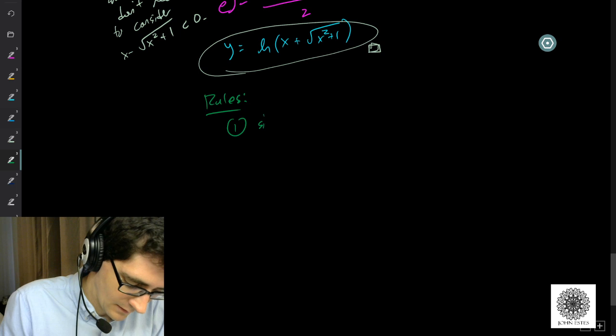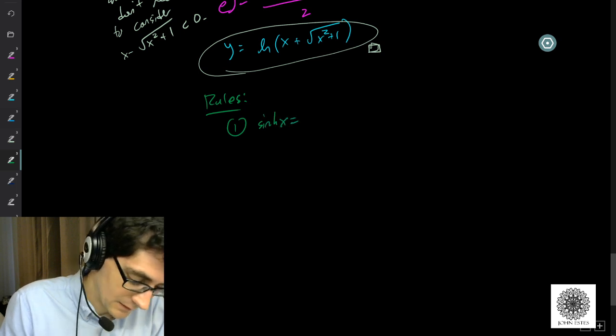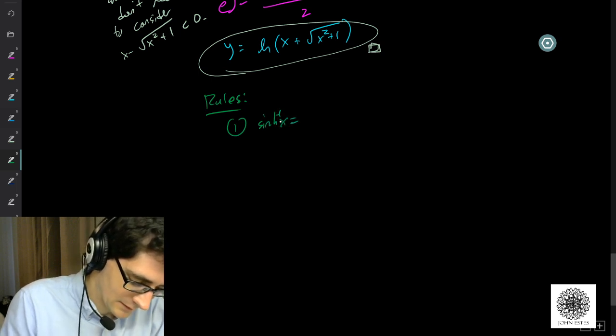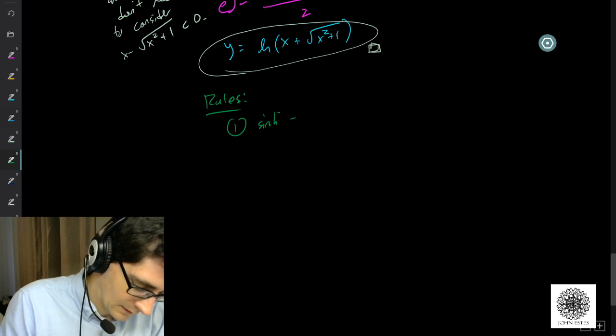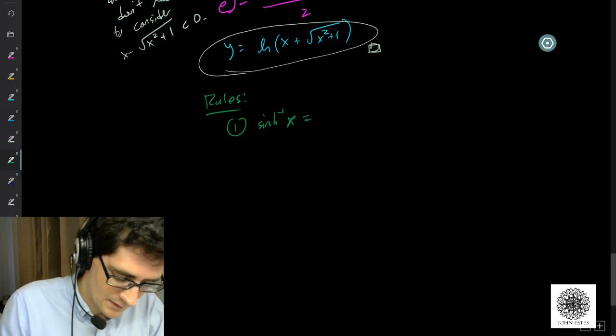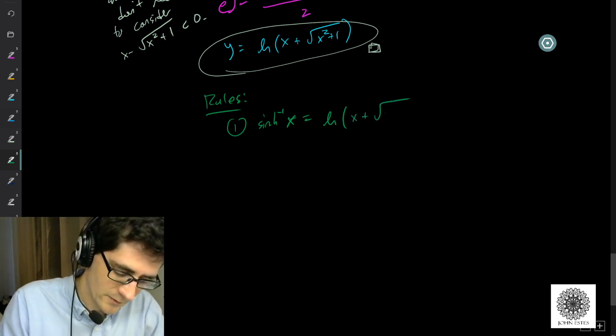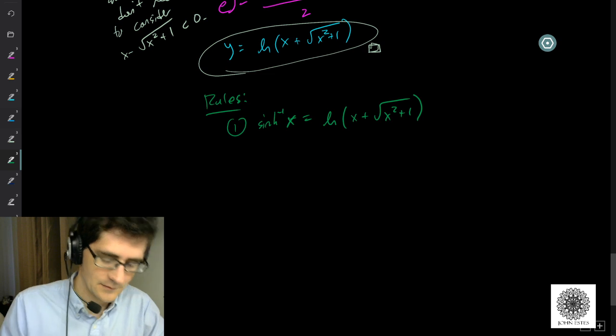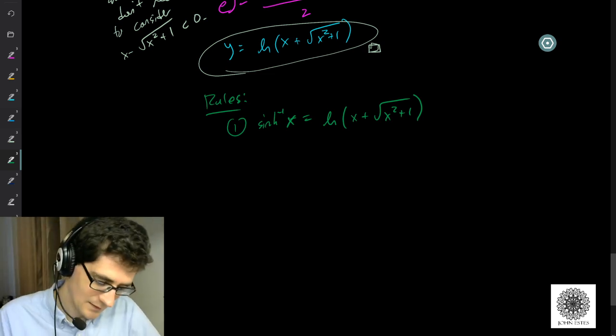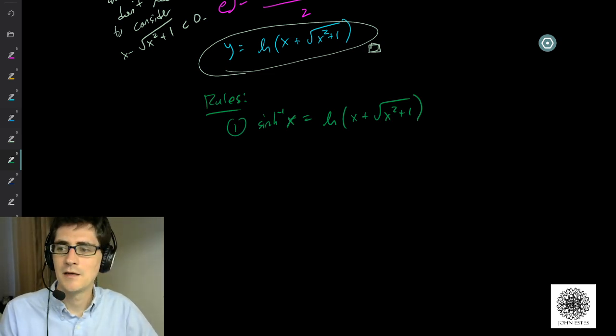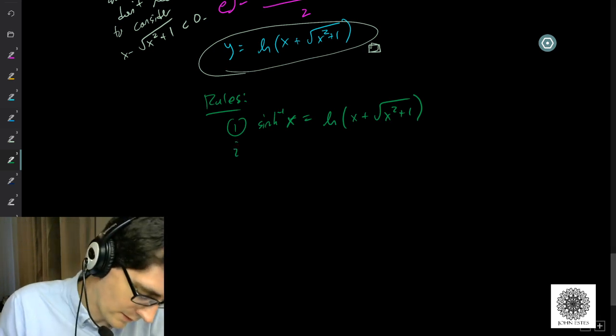Sinh inverse, sorry, let me write that again. Sinh inverse of x is what we just said: ln of x plus the square root of x squared plus 1. Okay, and hopefully it makes sense that we can get that through our derivation.